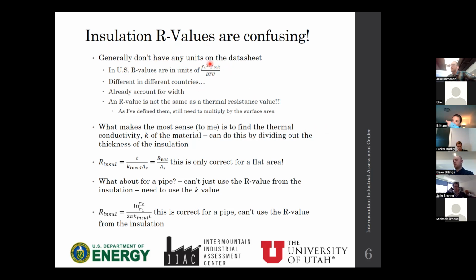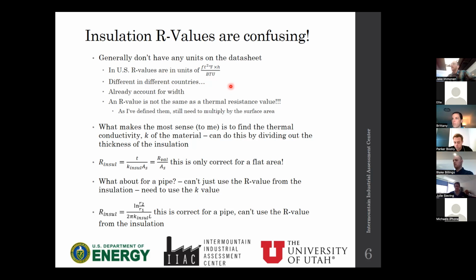Generally, these R values on the insulation data sheets that you'd find at like Home Depot don't have any units. In the US, there are units of feet squared times degrees Fahrenheit times hours over BTU. But there are different R values in different countries too. So, yeah, the whole thing has been confusing to me when I've done this.